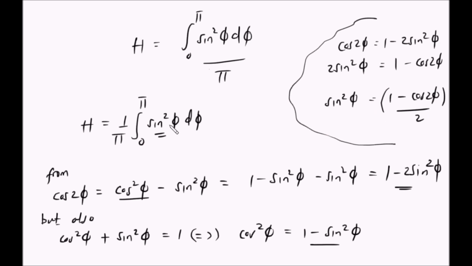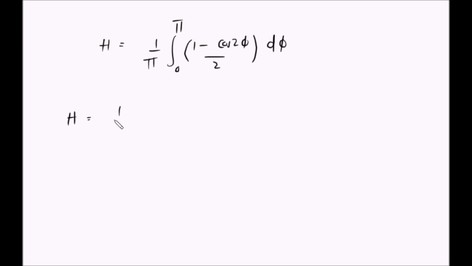So our h is going to be 1 over pi from 0 to pi. So inside we put 1 minus cos 2 psi over 2 d psi. So our h will be equal to 1 over pi from 0 to pi.